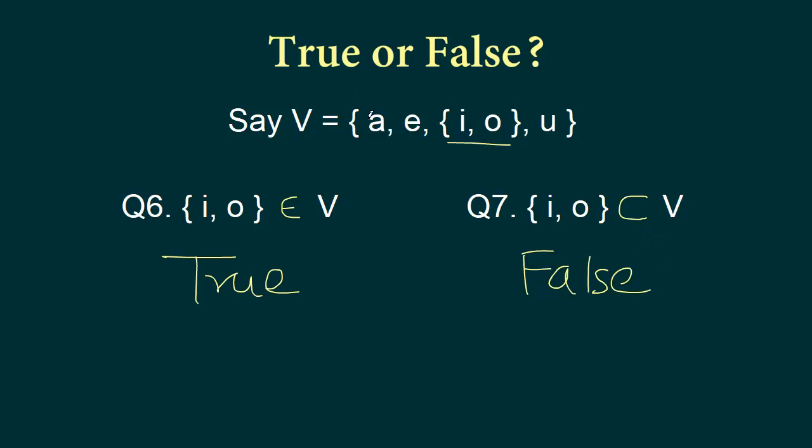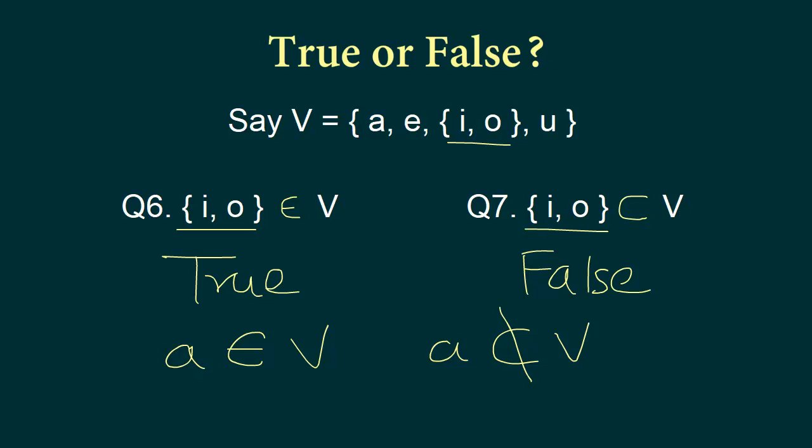So if we were to say A belongs to V, so here we see that A belongs to V, we cannot say A is also a subset of V. So this will be wrong. The element belongs to the set. So this entire thing, even though it is a set, is actually an element of V. It is not a subset of V.